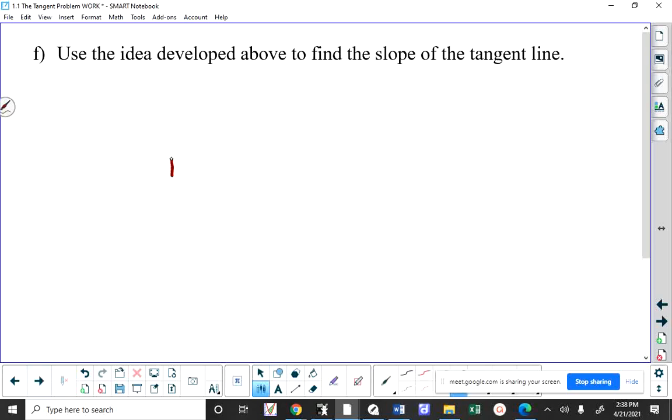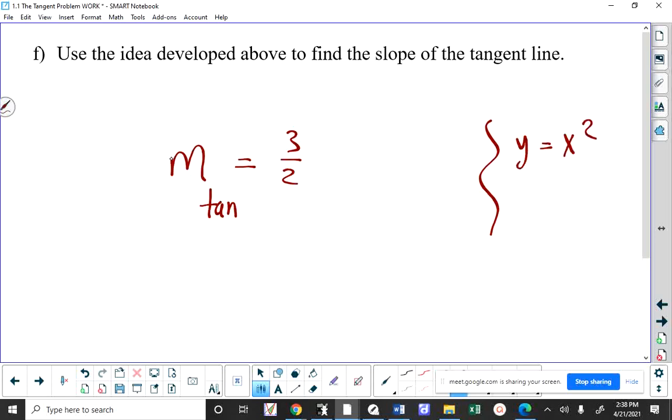So the slope of the tangent is 1.5, which is 3/2. Now, I could have told you it was 3/2. I really could have. And you will be able to on Tuesday of next week by simply looking at this function. You'll be able to look at that function and go, oh yeah, the slope at 3/4 is 3/2. There's a way to do it, okay?